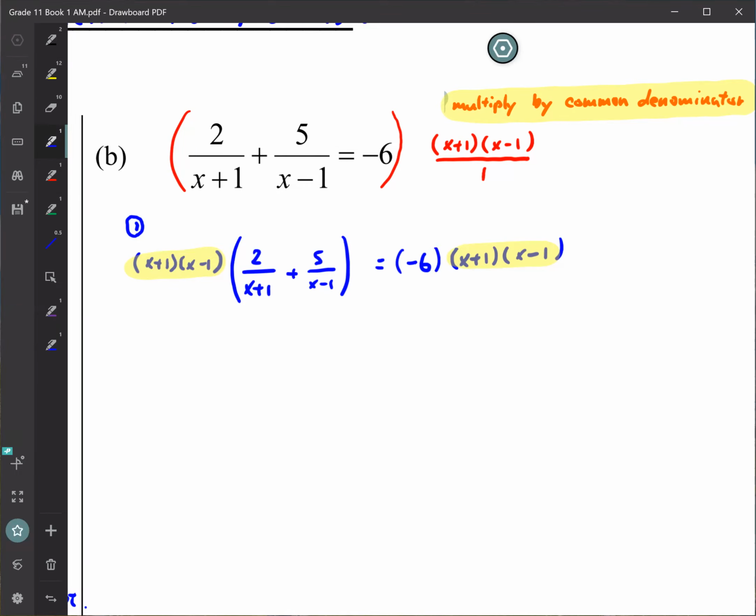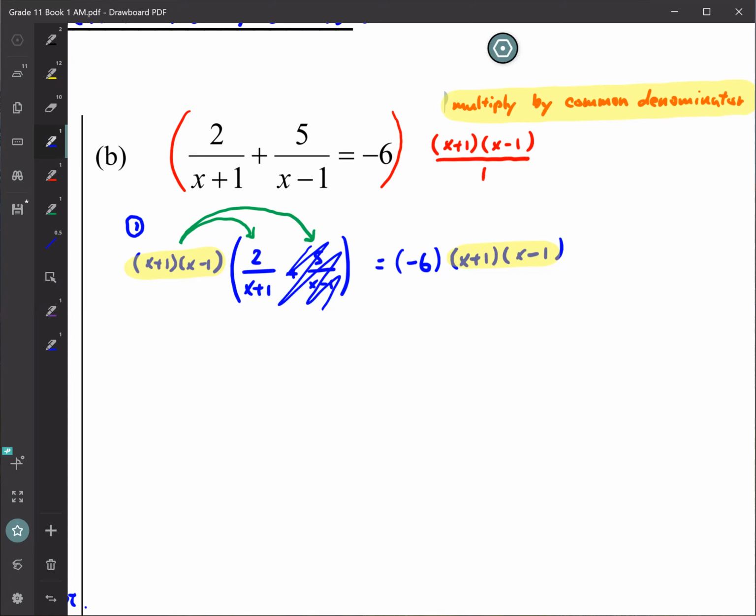Now for the left side, the point of multiplying by the common denominator is it's going to get rid of the denominator. Because when we multiply the left side, it will distribute, multiply into each of the fractions. So let's focus on one of them first.